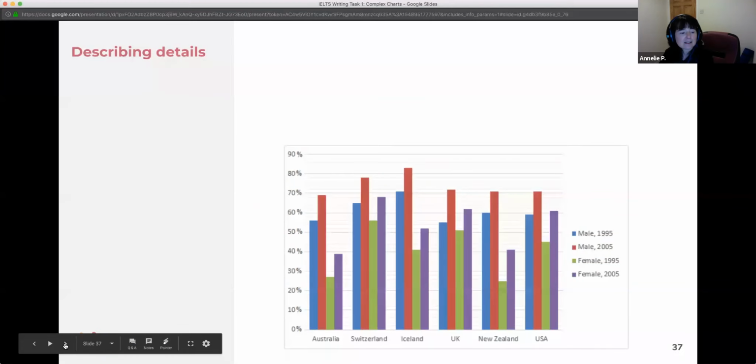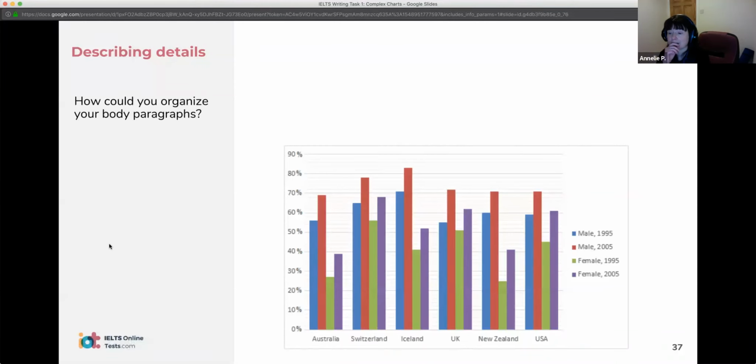So let's have a look at the body. So you've got to think about how to organize your answer. Okay, that's one of the issues with the complex ones, is how are you going to organize what you say or what you write? So what are the different ways you could organize your answer? What are the different things that we could use as our basis?